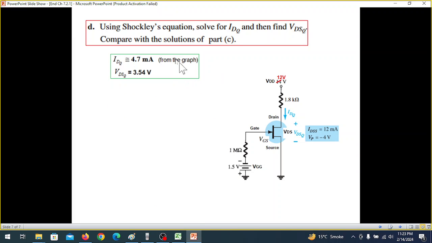So this is part C. Then part D says using Shockley's equation. Not from the graph, using Shockley's equation, find IDQ and then find VDSQ. Compare the solution with part C. This we had found from the graph, this result here.